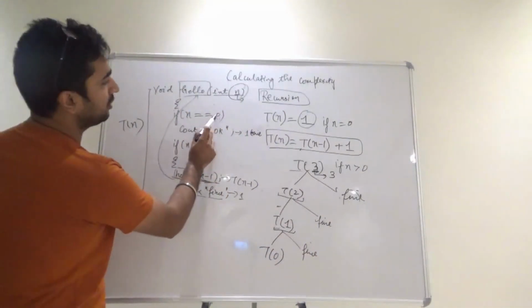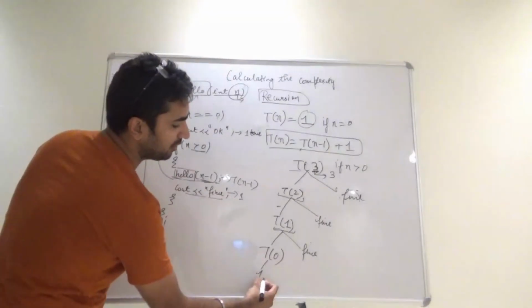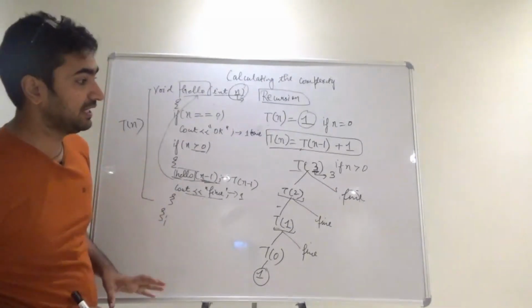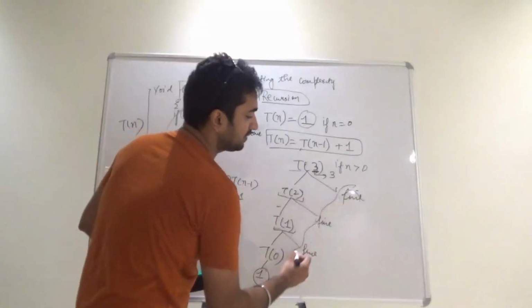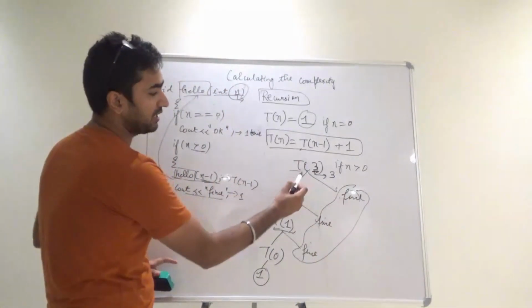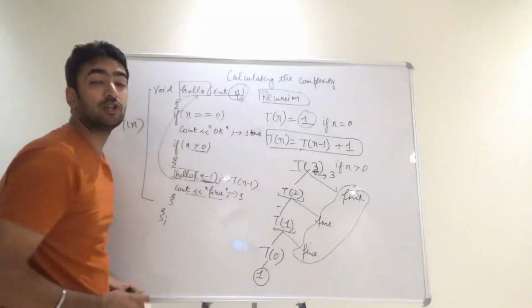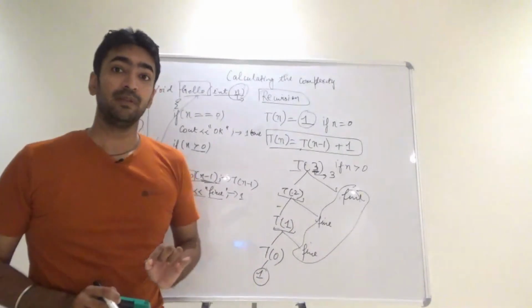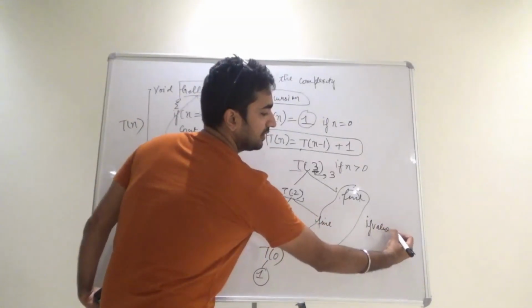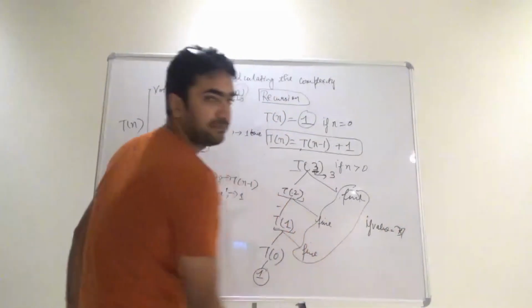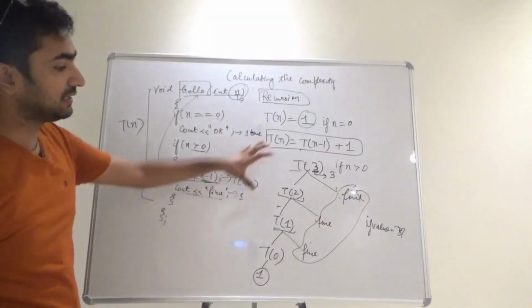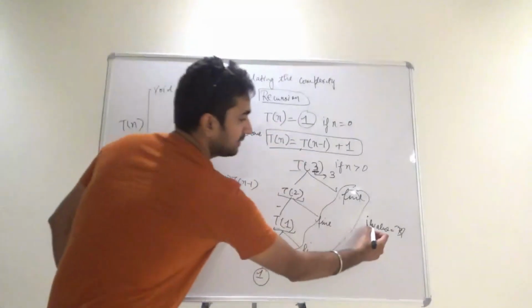If n is equal to 0, obviously this is going to be called one time, but you just need to check how many times fine is displayed. Fine is displayed 3 times, no issues. And how many times has the call been made? 1, 2, 3, 4. So if my value is n, how many times is this getting called?